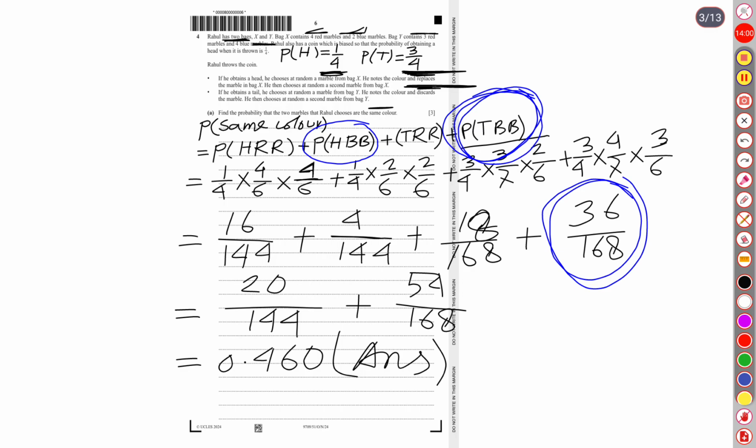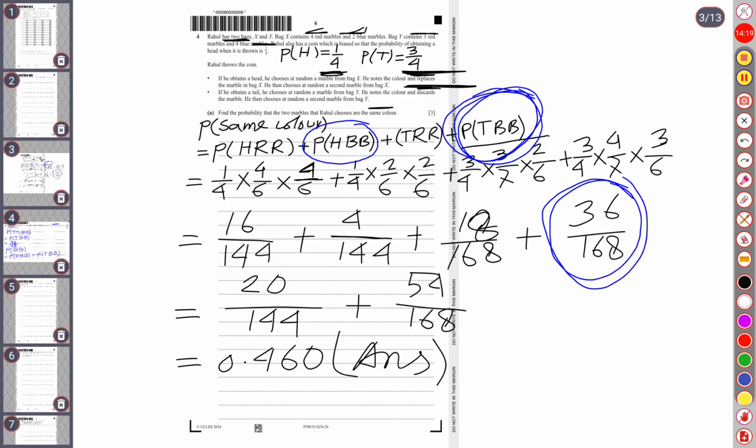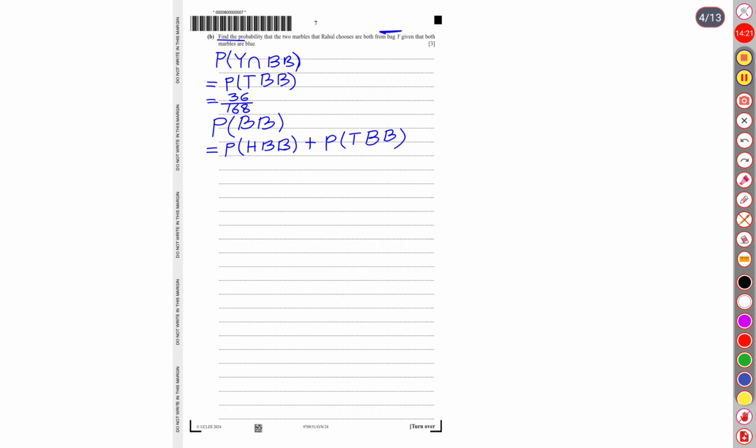So PHBB is the second one. The second one was 4 over 144. So 4 over 144 and 36 over 168. We will just copy this data.